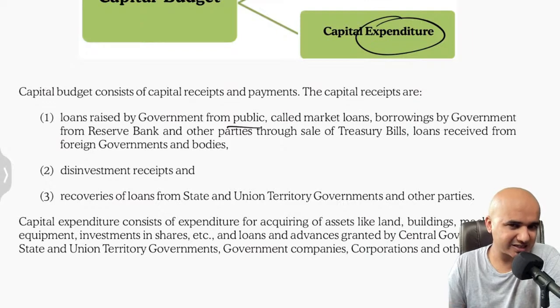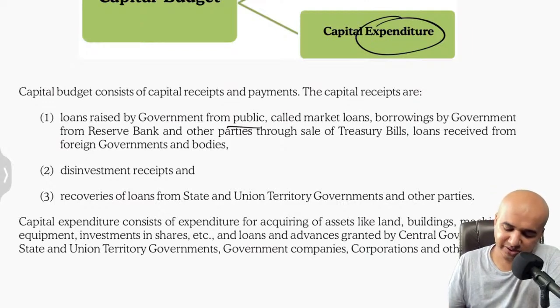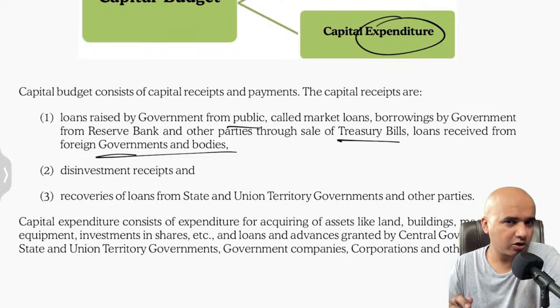So therefore they are considered as capital receipts. Market loans, borrowings by government from Reserve Bank, again long-term loans, and other parties through sale of treasury bills, loans received from foreign governments and bodies. Basically all the loans which the government gets from different sources can be considered as capital receipt.